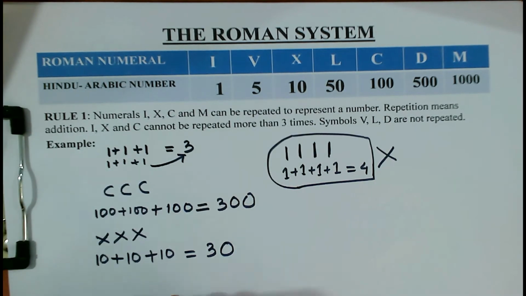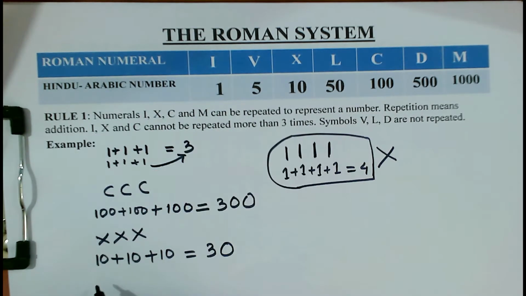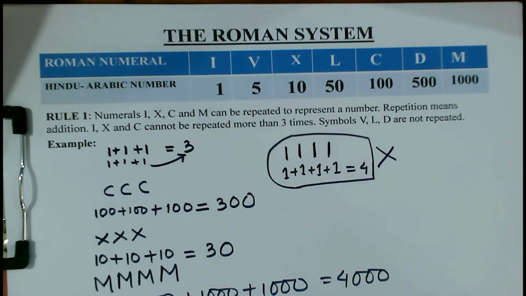But the letter M, out of these 4 letters, can be repeated 4 times. M is 1000, so 1000 plus 1000 plus 1000 plus 1000, if we add it, is 4000.